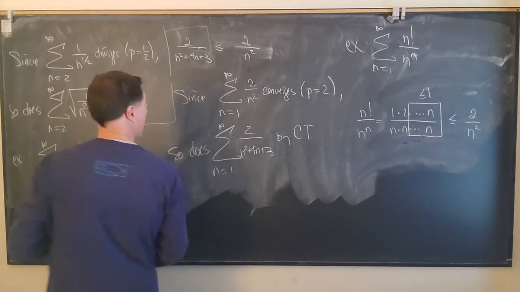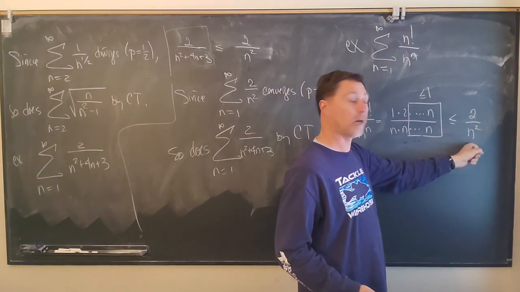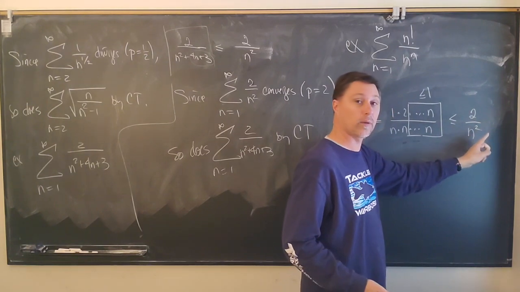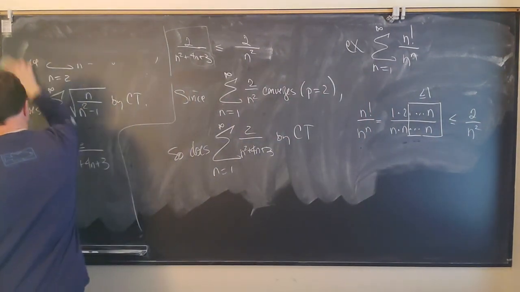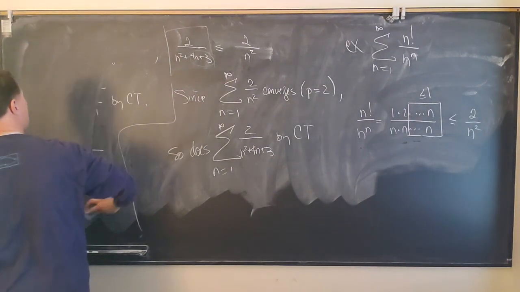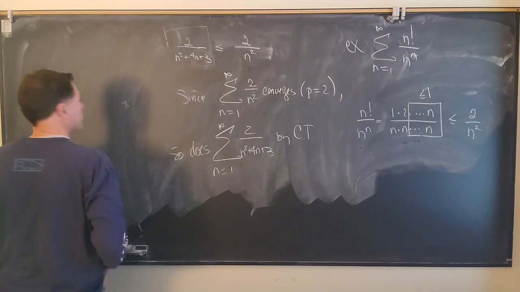All right, so now what we know is that n factorial over n to the n is less than or equal to 2 over n squared. We know that 2 over n squared converges, and so we showed that our series is smaller than one that we know converges. So we would say it like this.